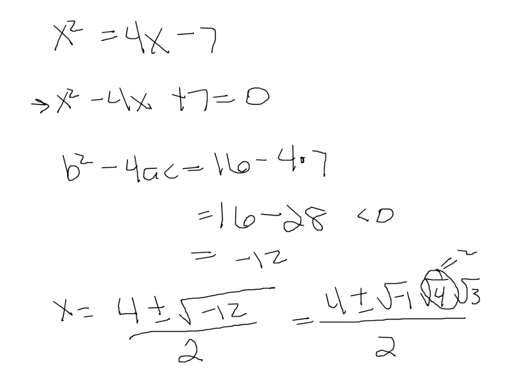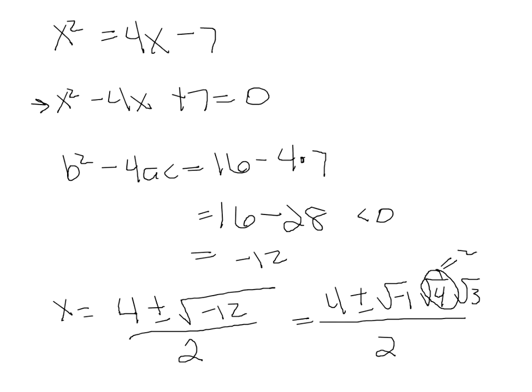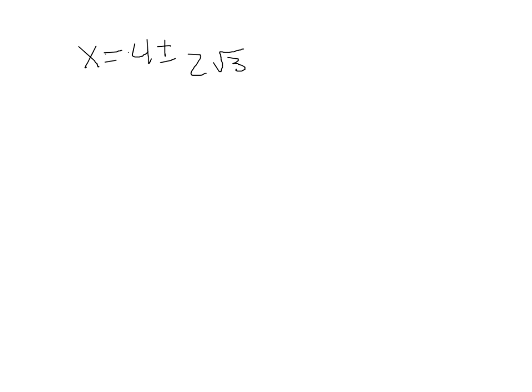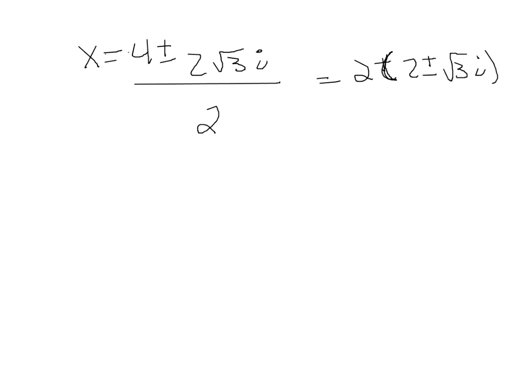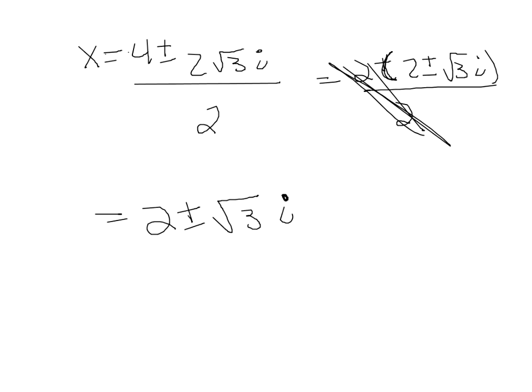So I get x equals 4 plus or minus, I think that's 2 square root of 3 i, and it's all divided by 2. Now I'm going to factor out a 2 on top. The 2 on top cancels the 2 on bottom, and I finally get that the solution is 2 plus or minus the square root of 3 i.